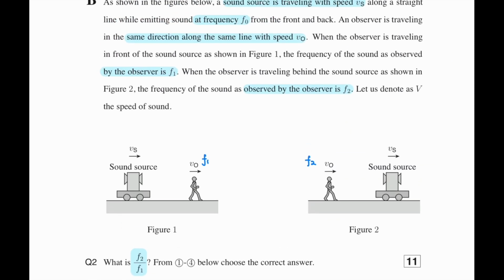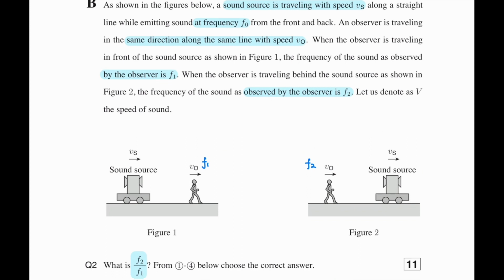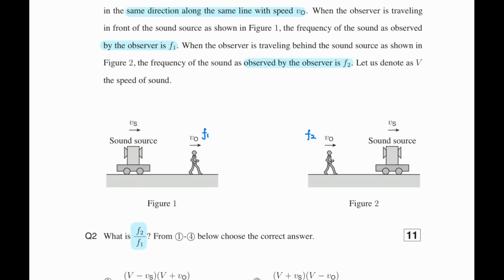Of course, this type of question can be solved by using the Doppler effect. The formula of the Doppler effect is F observed equals V plus or minus VO over V plus or minus Vs times Fs.